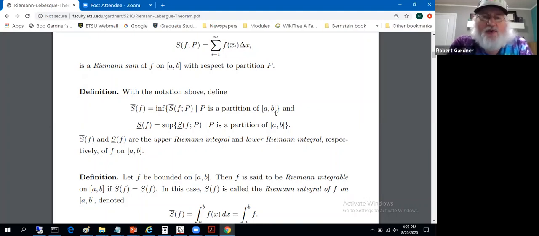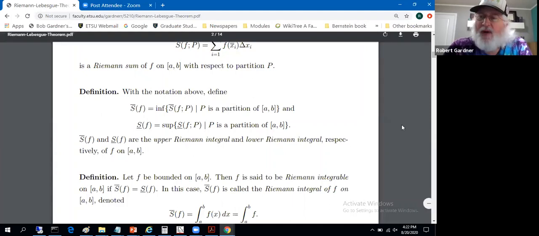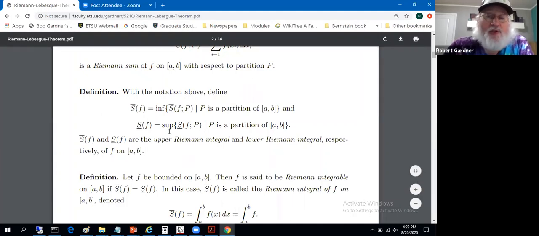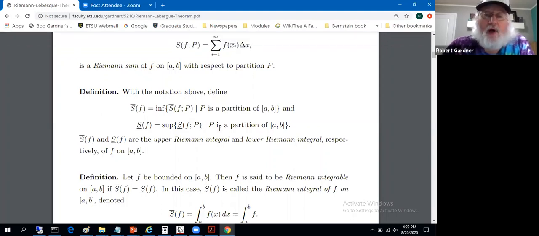So what you're doing is taking all of the upper Riemann sums and taking an infimum of them. Down here, we're taking all lower Riemann sums over partitions, and taking a sup.